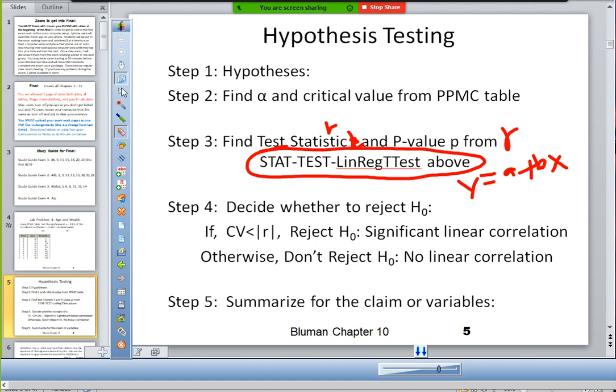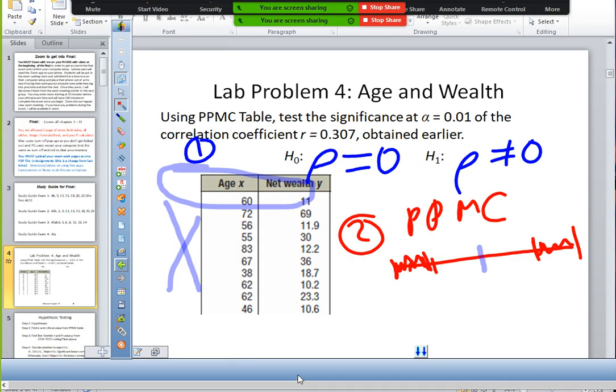And then you need to decide whether or not to reject H0. And again, you really want to go by where you fall. So you can just use that. That's the easiest way to do it, what you are used to doing, which is if I get something over here, I'm going to reject H0. If I get something over here, then I'm not going to reject H0.